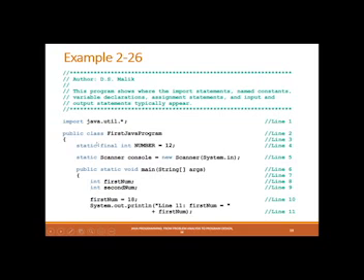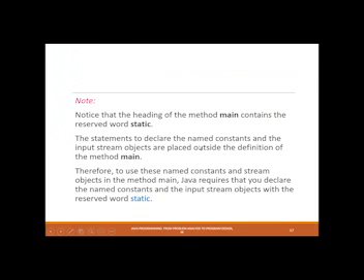Ngayon, bakit nandito lang siya sa loob ng class body at wala siya sa loob ng main method, sa body ng main method? Doon po sa binasa natin kanina, kung maalala ninyo, andyan. The statements to declare the named constants and the input stream objects are placed outside the definition of the method main.